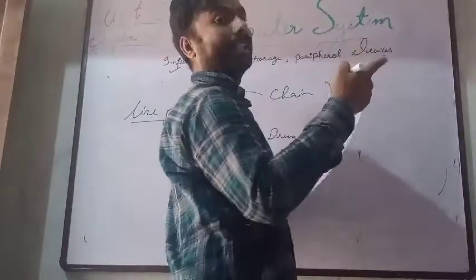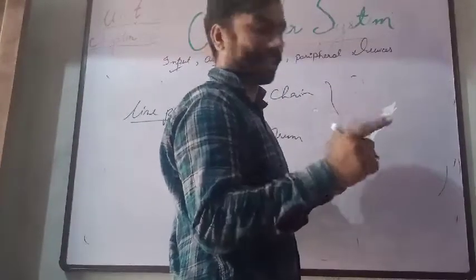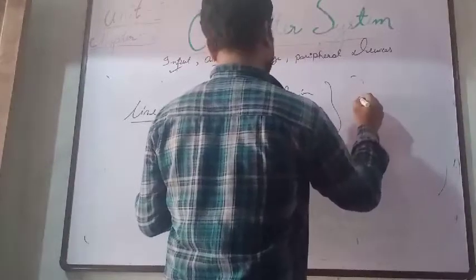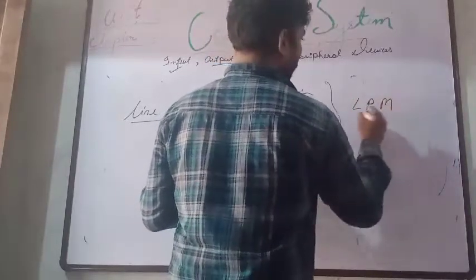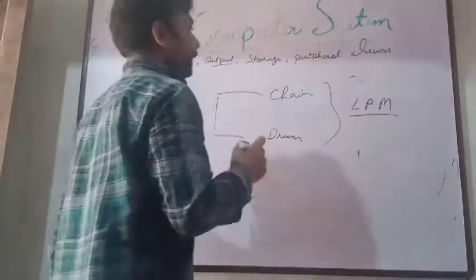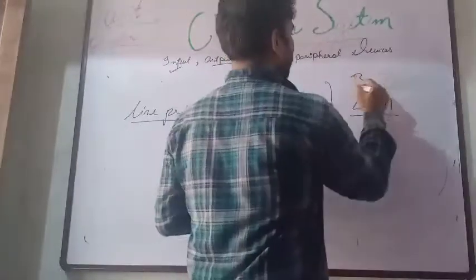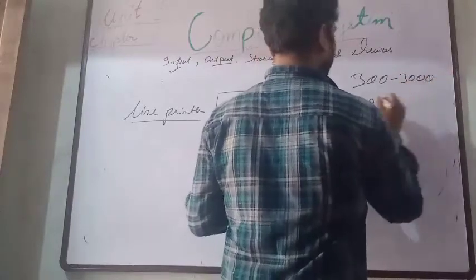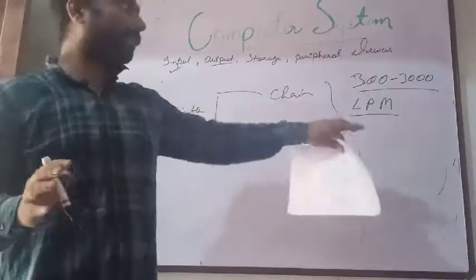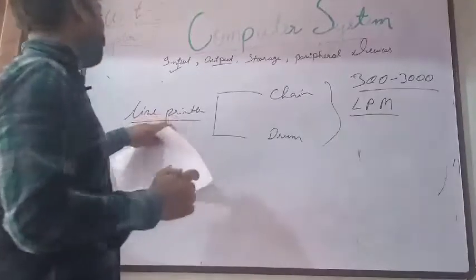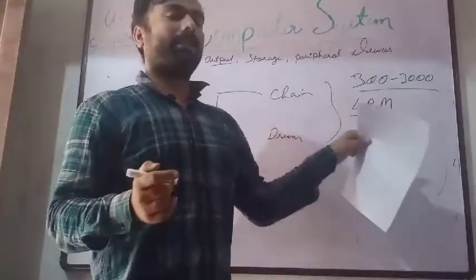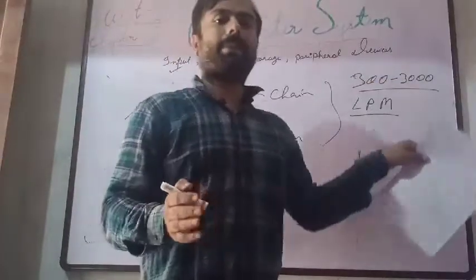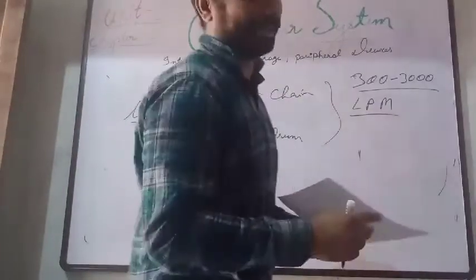In those, the speed was in characters per second. In this, it is lines per minute, LPM. How many lines per minute? 300 to 3000 lines per minute. Remember, in the line printer the printing speed is 300 to 3000 lines per minute.